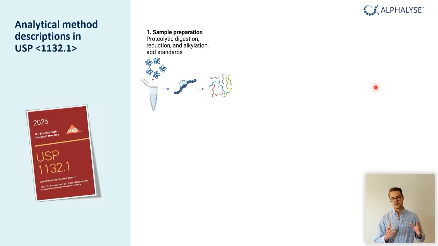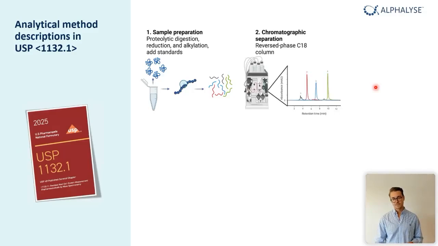Here it covers quite different components, but overall it requires a proteolytic digestion to break proteins into peptides so they can be analyzed by LC-MS. There's a reduction and alkylation step, and then addition of some kind of standards. This is followed by a chromatographic separation so that these peptides can be separated and analyzed by the mass spectrometer.